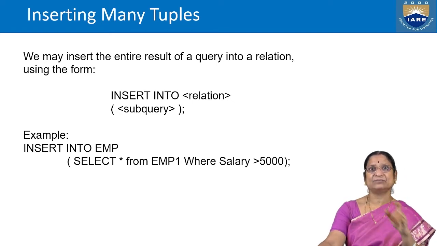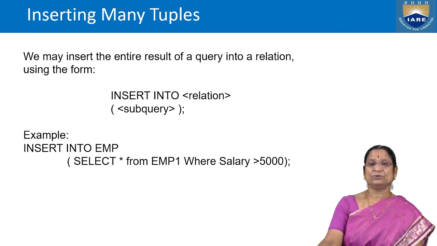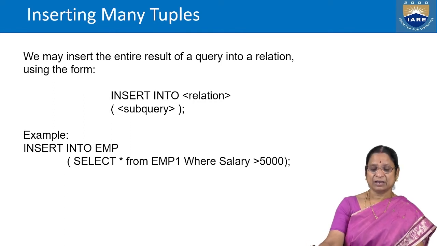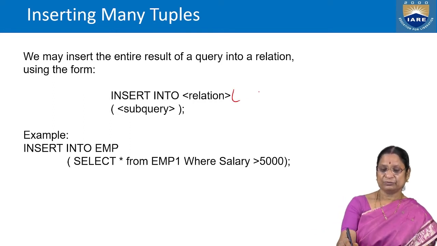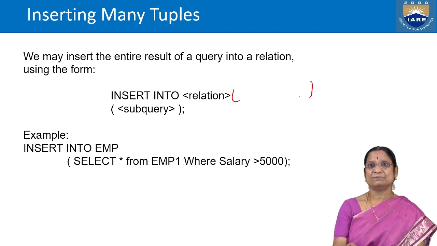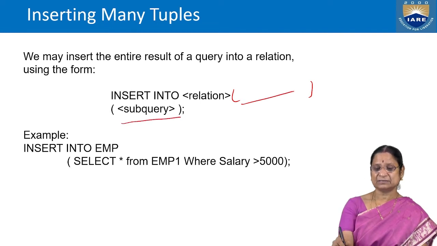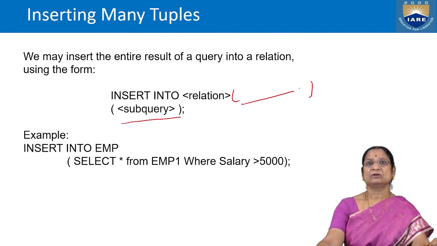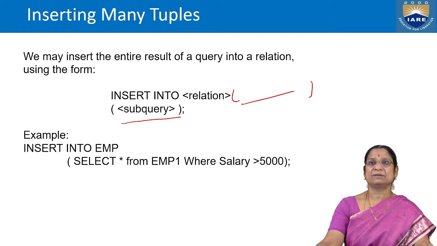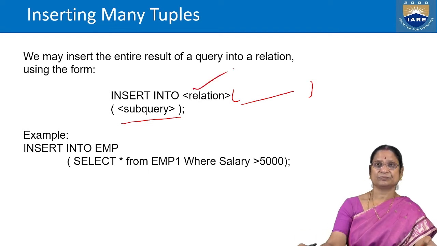As a result of the query, insert into our relation name, and if you want, you can provide the column names also, and a subquery. Remember, the result of the subquery must have one-to-one correspondence with the column names given or the relation.